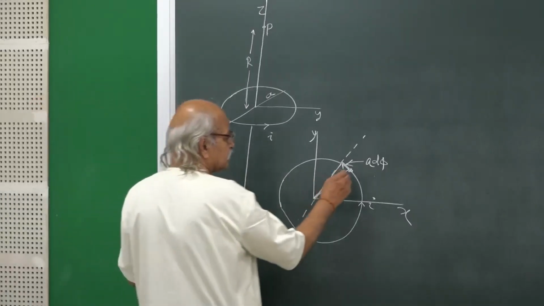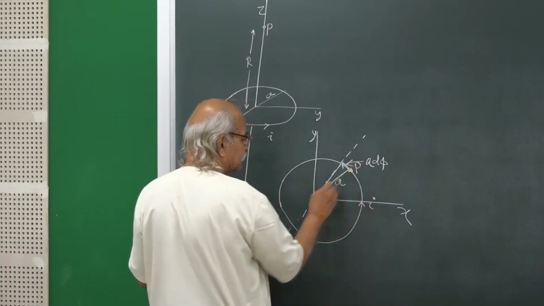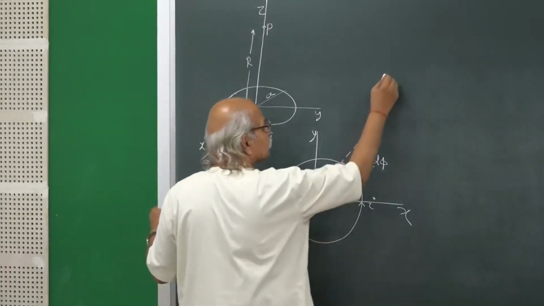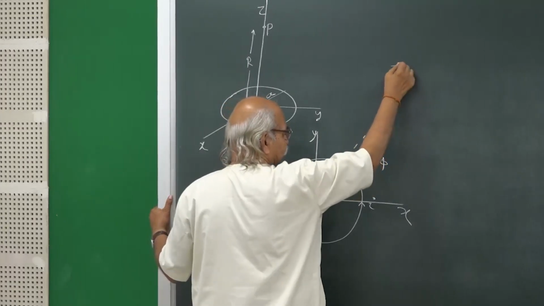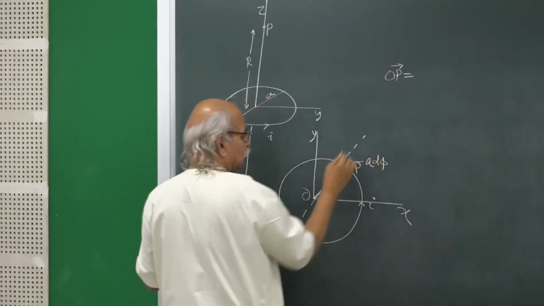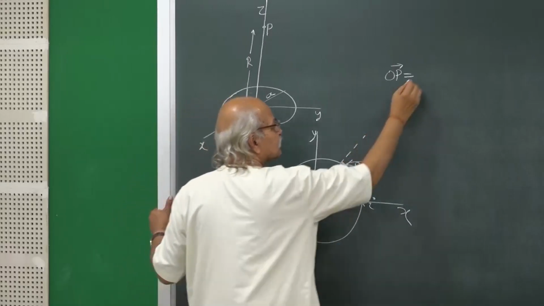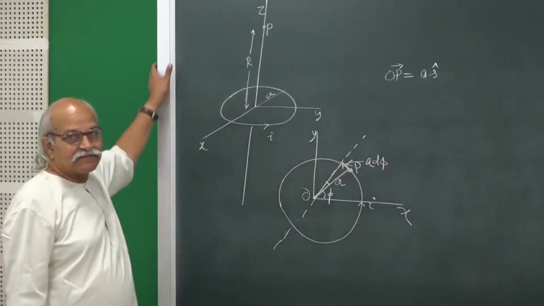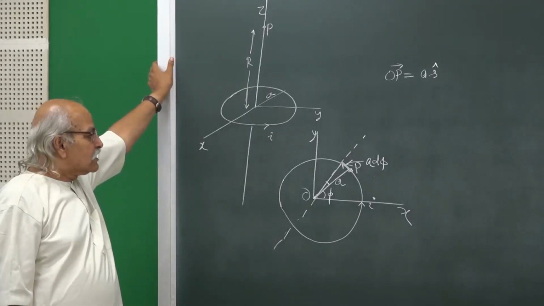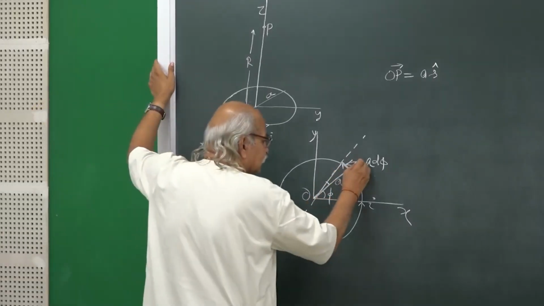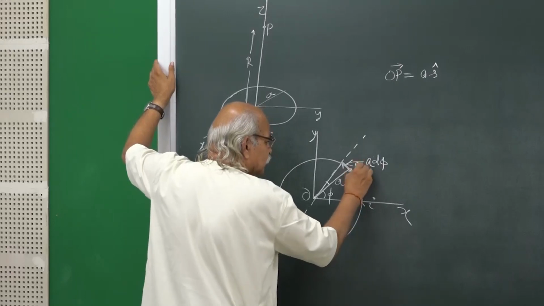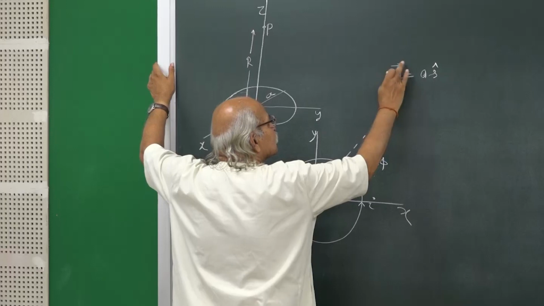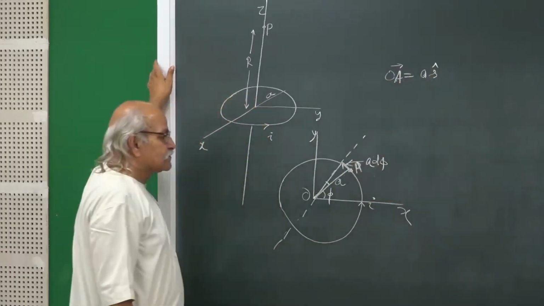So, if I say that this is our point P and this is the origin O, so this is the OP vector, and let us call this point A. So, the OA vector is small a times this s cap.